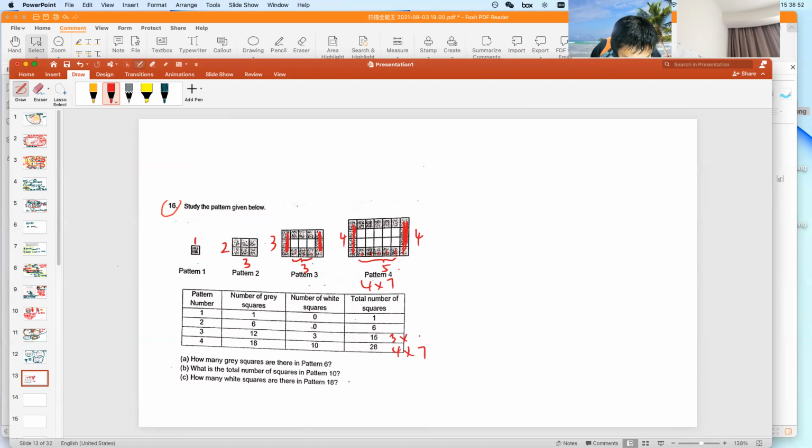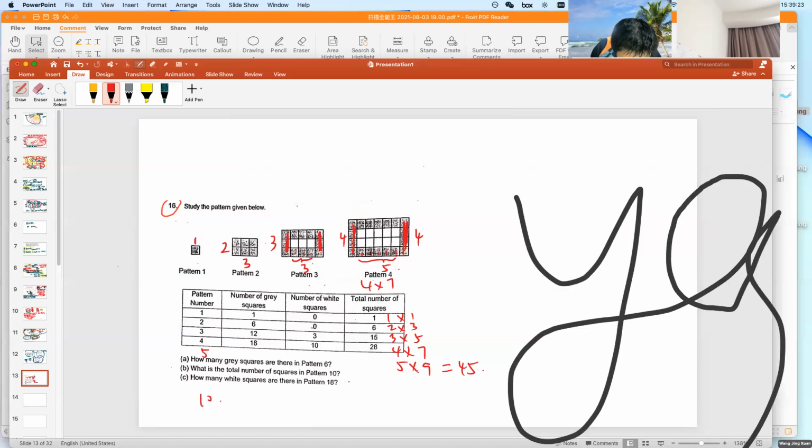Three times. 5, and this is 2 times. Okay, so can I ask you for this one, the total square, let's say 5th. Is it like 5 times 9? So it's 45 for total square. So your 10 is, okay, good. Okay, so that's the pattern.